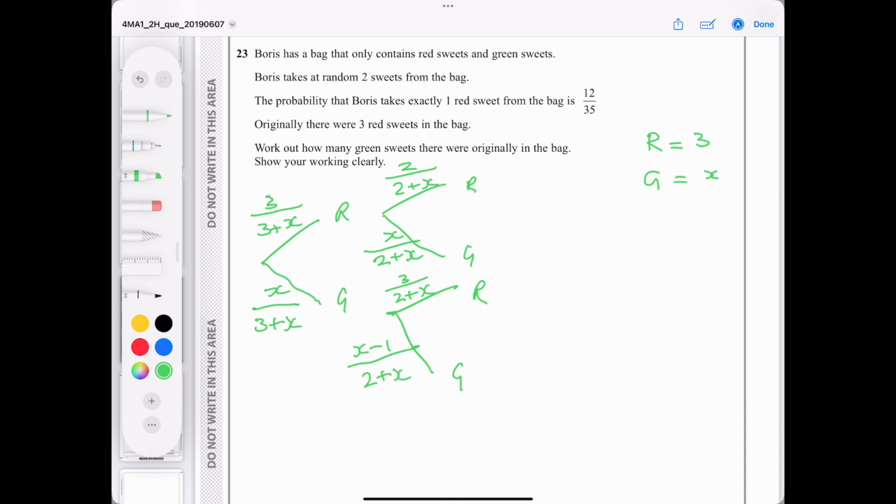And we know that these 2 routes, the one where you get a red and a green and a green and a red, equal 12/35. And now we're going to work that out.